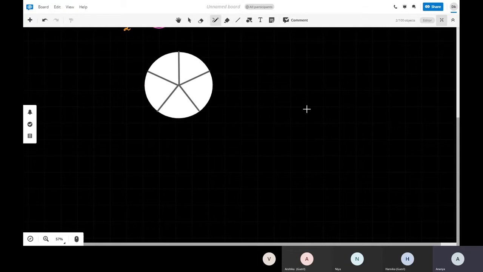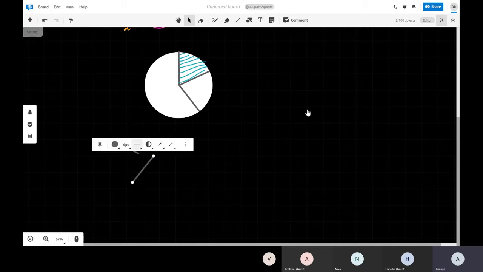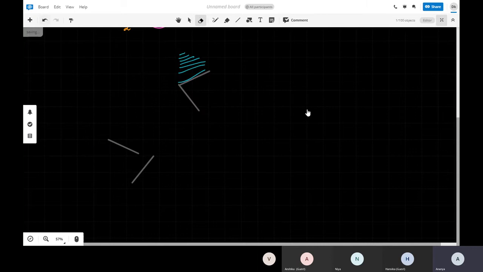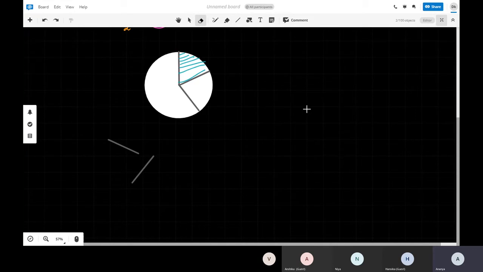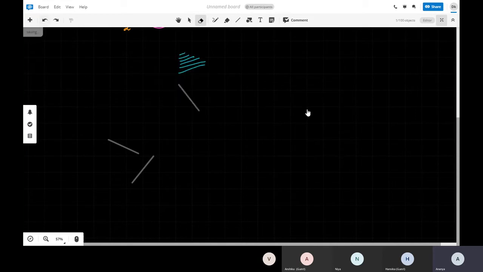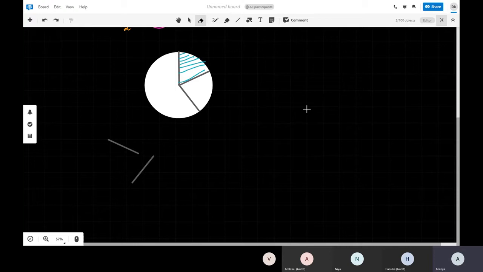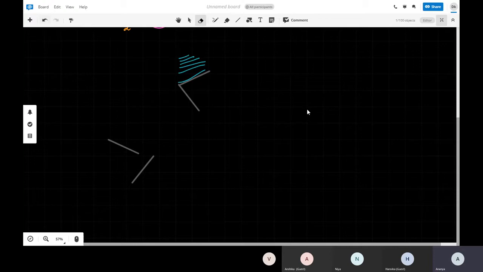I would be shading this particular portion. Okay, let's just remove these two. As of now, let's just remove these two. Okay, and also let's just remove these two. The pie chart itself is getting vanished. All right.